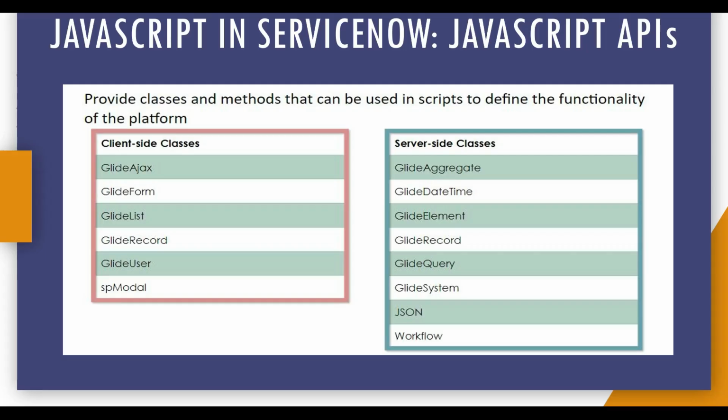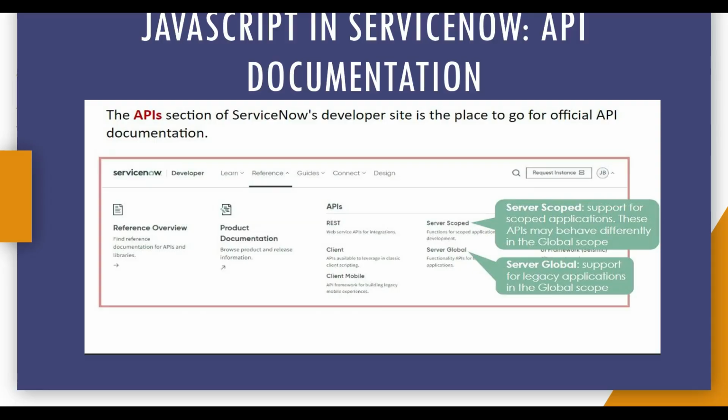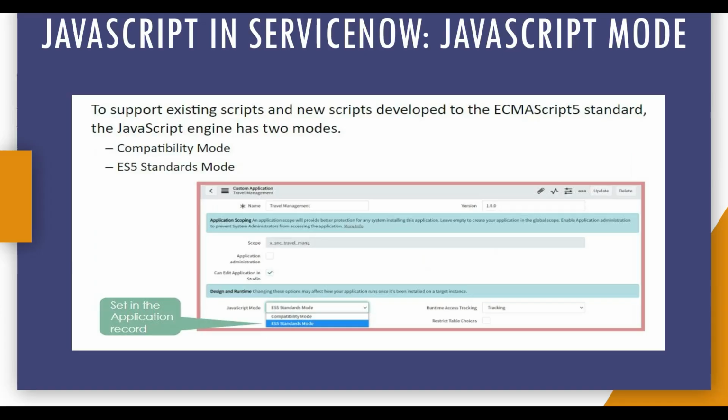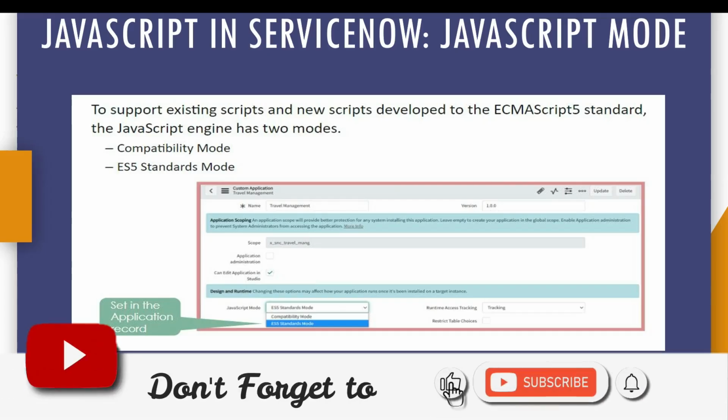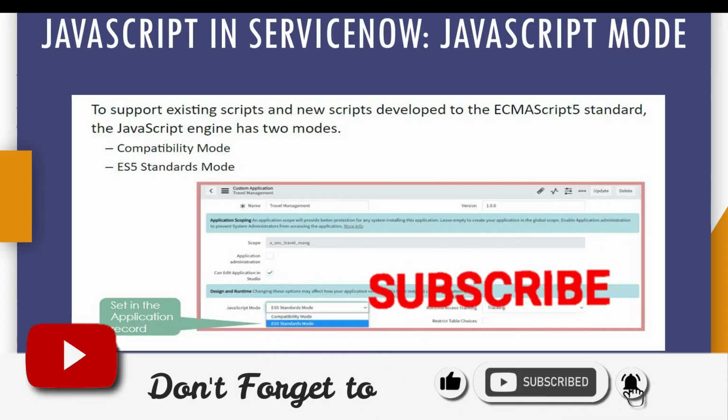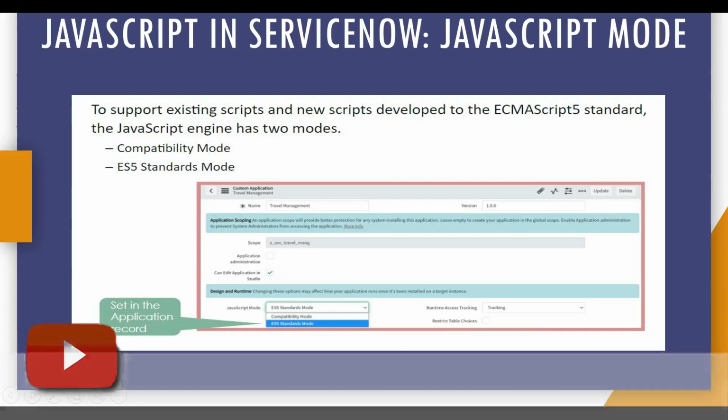We have all of those listed in the JavaScript API documentation. You can go to developer.servicenow.com and get all the APIs, because that list is so huge. This is the JavaScript mode, which is by default set to the standard JavaScript engine, automatically set to some ECMAScript version.